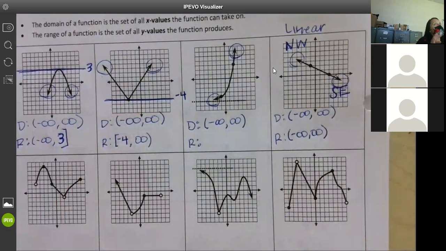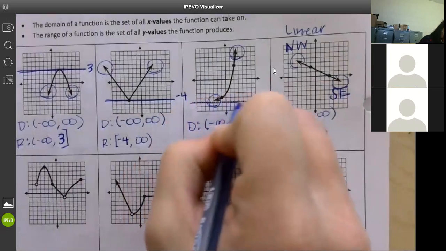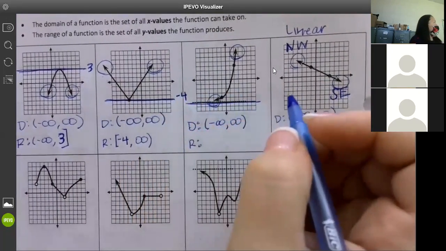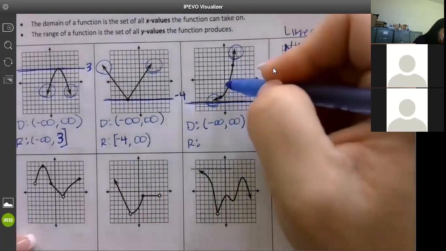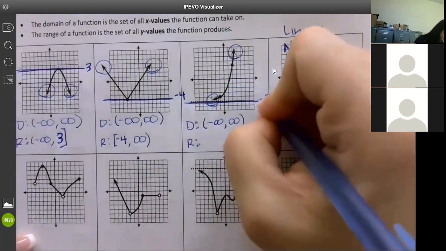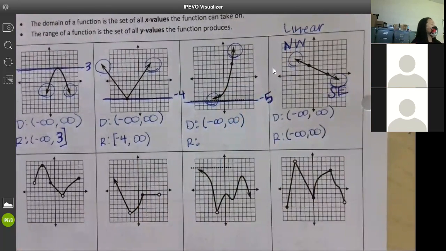Same thing on this one. The only difference is, what did I tell you about this dotted line? What does the graph never do? It never goes below it. It never touches it. So this line is at -5. The lowest it goes is -5, but it doesn't touch it.